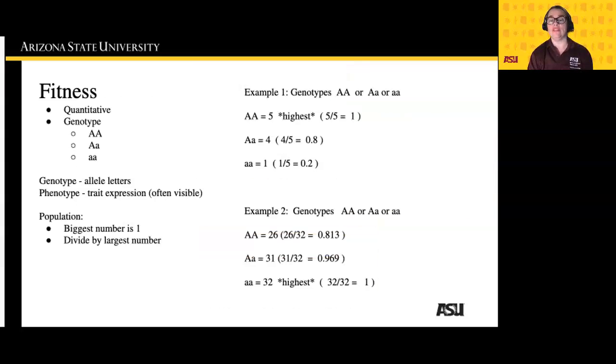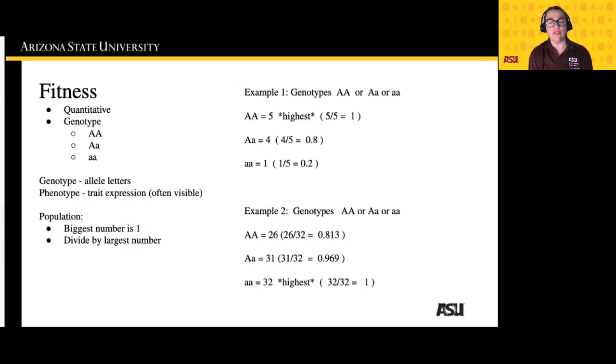Fitness is a numerical value or quantitative measure of reproductive success. In other words, if reproductive success is the chance that an individual will survive and reproduce to pass on its genes to the next generation, then fitness is the percent chance of survival given a specific genotype. Remember that phenotype is the physical expression of the trait.